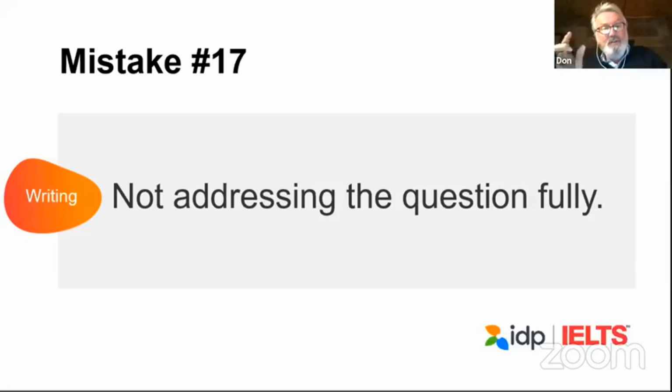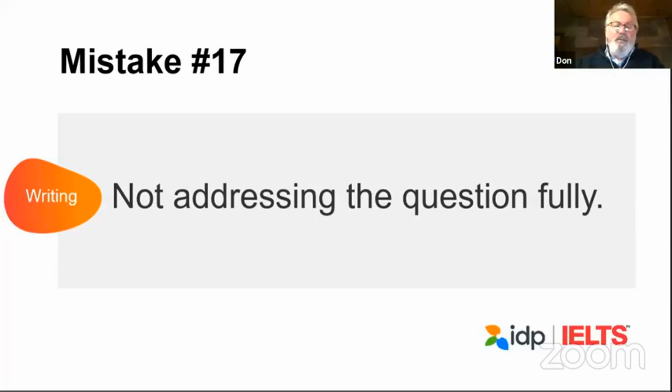In task 2, it's equally important to work out for yourself, how many things do I have to cover? Do I have to discuss both views? Or can I just discuss one view? Do I have to give one solution? Or do I have to give several solutions?